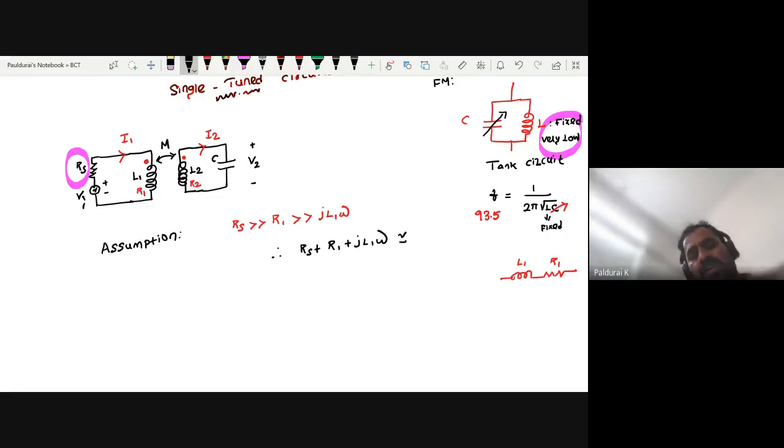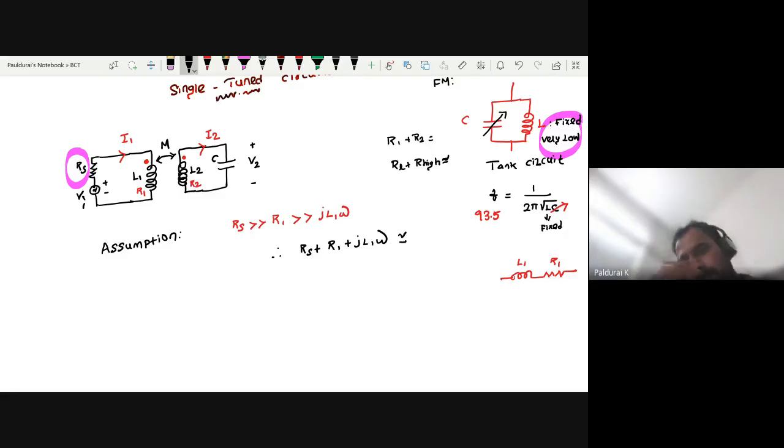Let me write it like this: R low plus R high. If you connect one low value resistor with one high value resistor in series, what is the equivalent resistance?